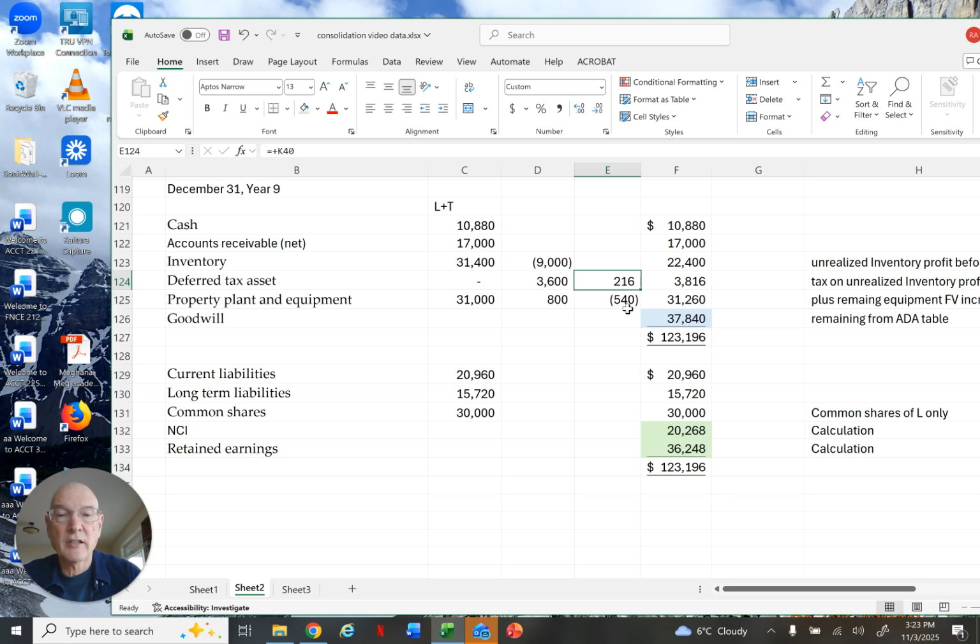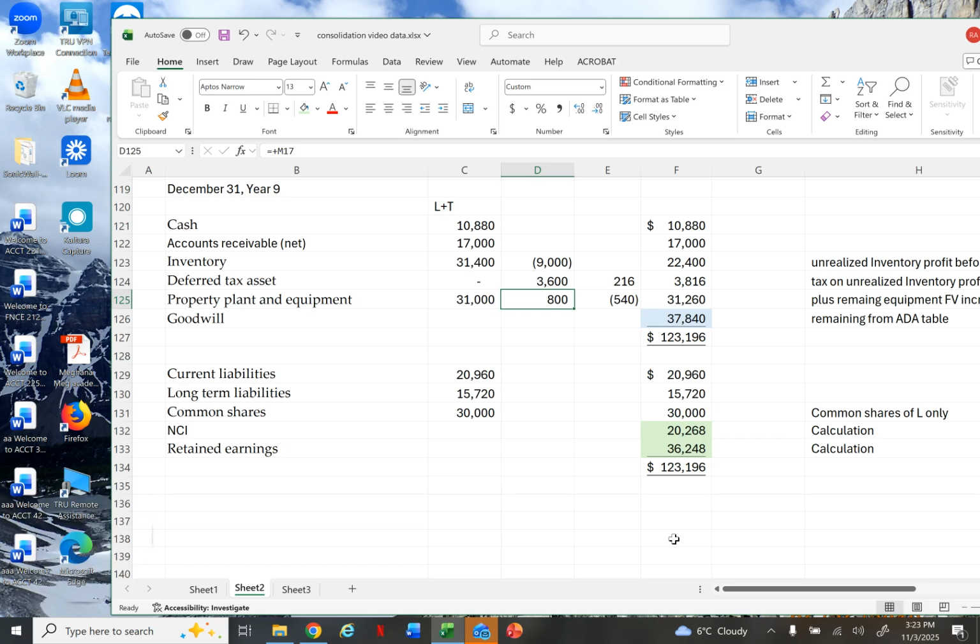And similarly, these two numbers from property, plant, and equipment come from your tables. The $800 is the remaining fair value increase from the date of acquisition. Remember that was $2,000 and we've depreciated $1,200 of that. There's $800 left, so this is the balance from your ADA table. I'm not going to go up there because I think you probably remember it. If not, you can go to the part 1 video or earlier in this video and have a look.